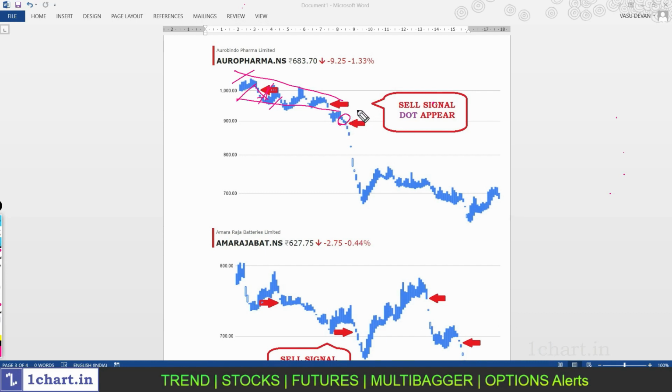Here the place is a very bearish trend. If it breaks this line, then another target is below 600.